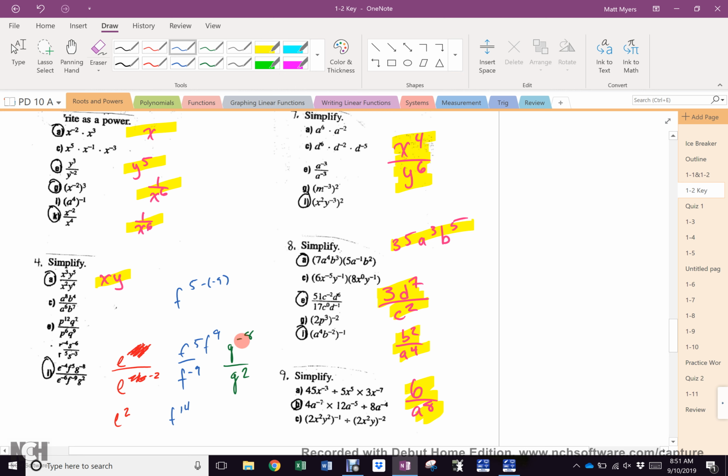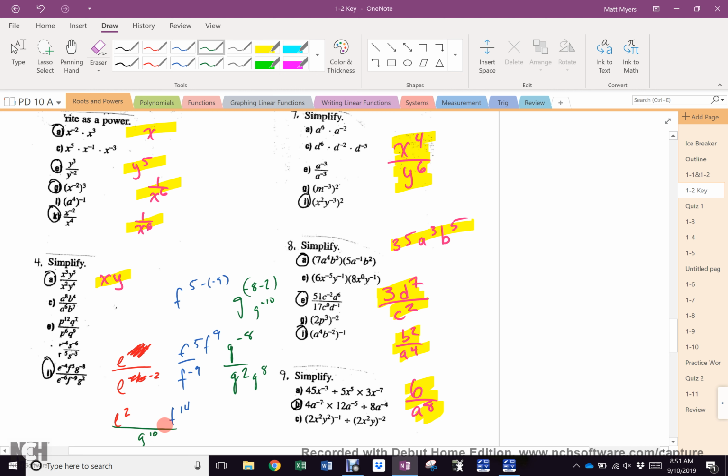And G, same thing. I can't cancel. So this G would move down below, right? And become G to the 8th, or G to the negative 8 minus 2, which is G to the negative 10. And where must that go? To the bottom.